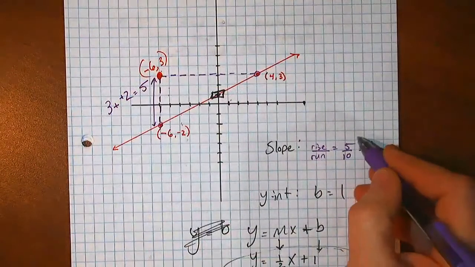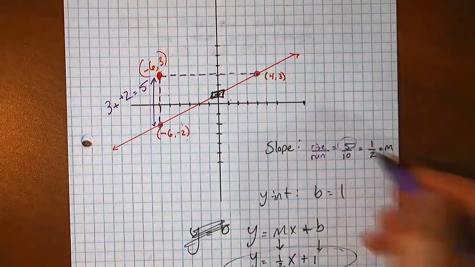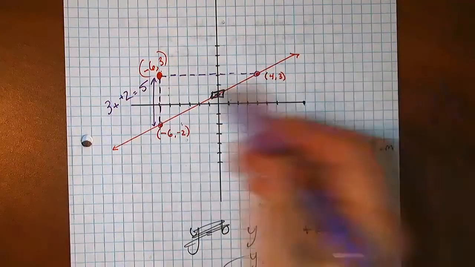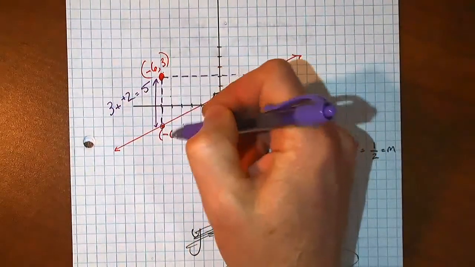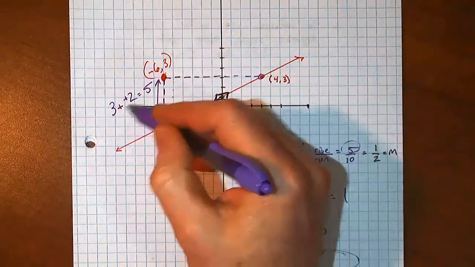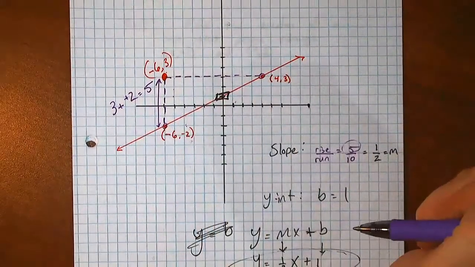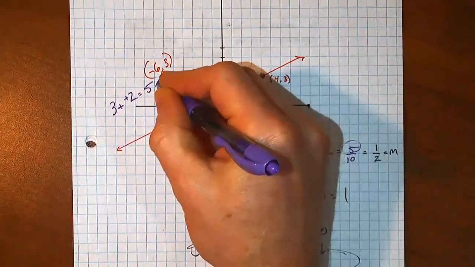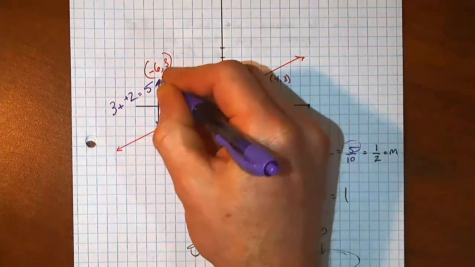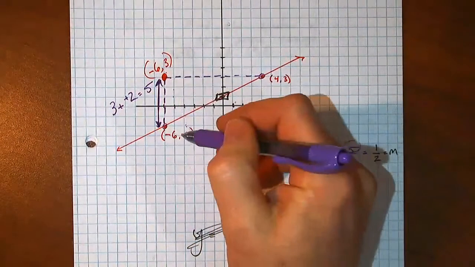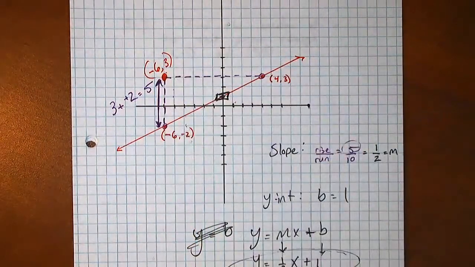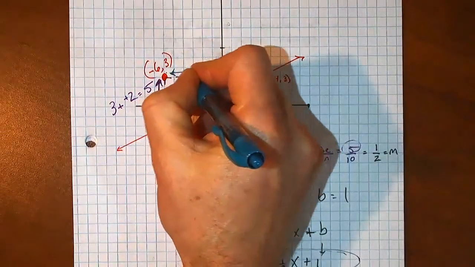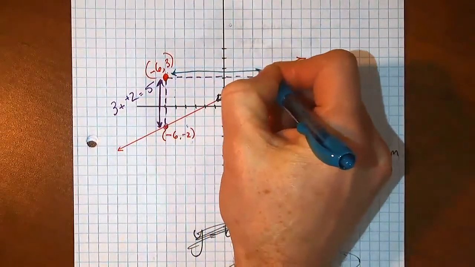And notice 5 is exactly what I got for my rise. So you should have learned back in geometry class that if you know two numbers, by subtracting those two numbers, you can find the distance in between them. So the distance between the bottom and the top point, in other words, the distance that I rose, is 3 minus -2, that's 5.